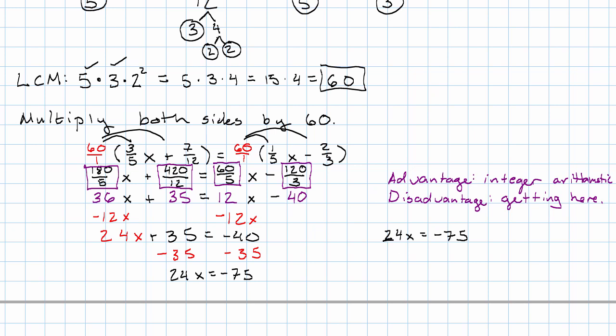We divide both sides by 24, and we get x equals negative 75/24. Finally, noticing that 3 is a common factor, we get that same negative 25/8 that we had earlier.